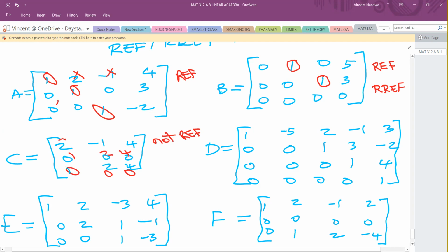Remember, the first non-zero element here is two, but the first non-zero element must be one, not this number two. So that's still a mistake. And even if it was one, it would still not be in row echelon form, because if you put one here and one here, then you can't say that the top one is to the left of the lower one. Okay? So this is not in row echelon form. D.